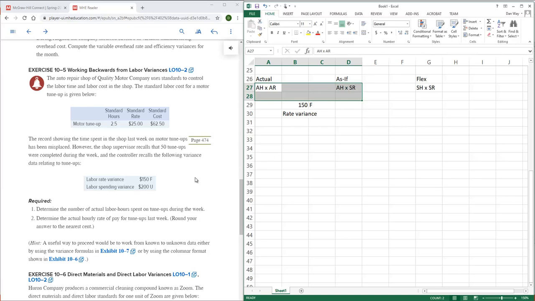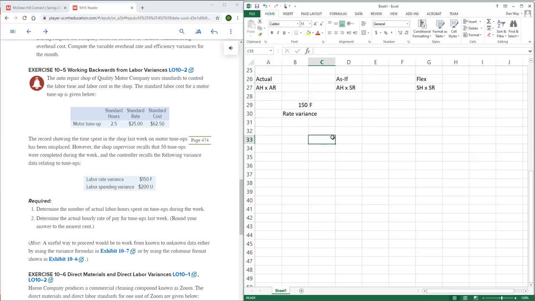We also know that the spending variance is $200, and that's unfavorable. Here I would encourage you to be careful in terms of thinking of your levels of variance. That spending variance is at a higher level than our rate and efficiency variance, so it comes about from comparing the actual result all the way over to our standard from the flex budget amount.